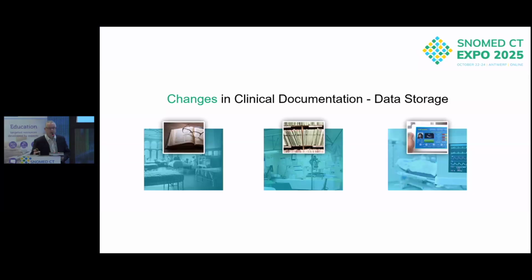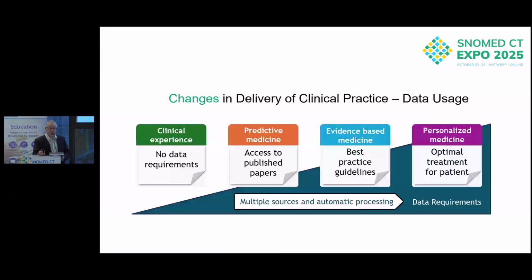So you'll be aware that over a period of time, well, a long period of time, the way that clinical documentation is stored has changed quite significantly. So originally there was a lot of paper records, and now there's a lot more in open EHRs. In many systems, the data is stored.